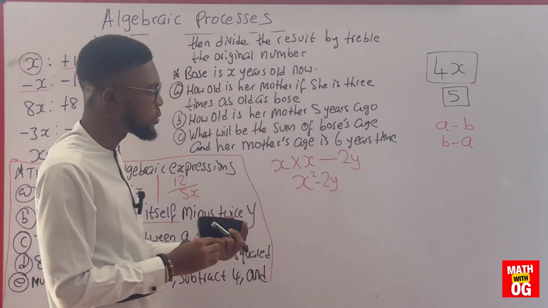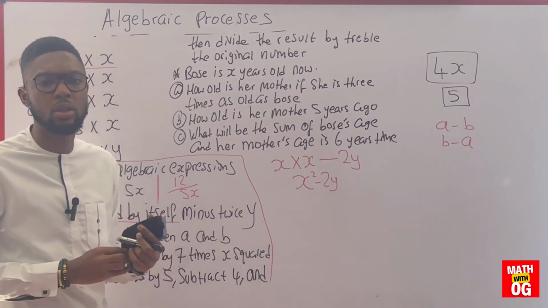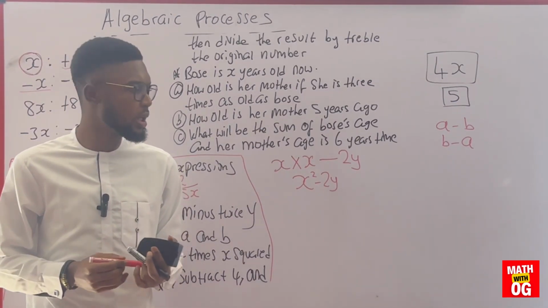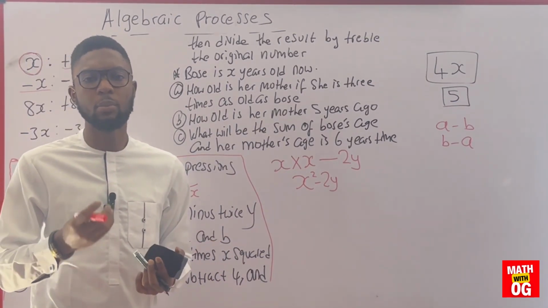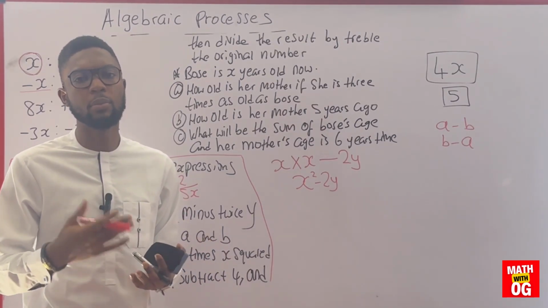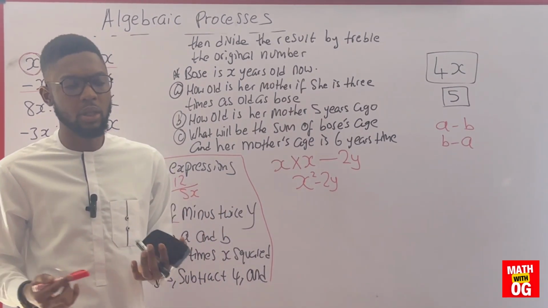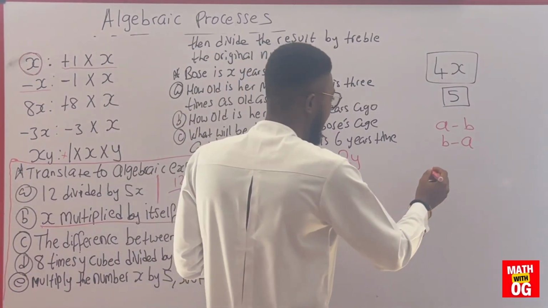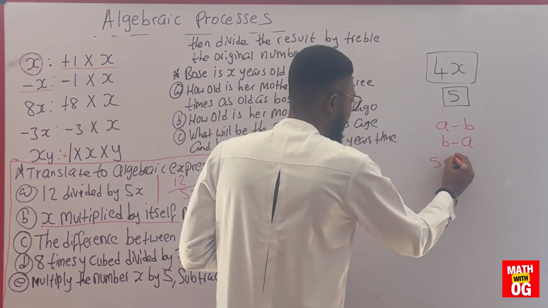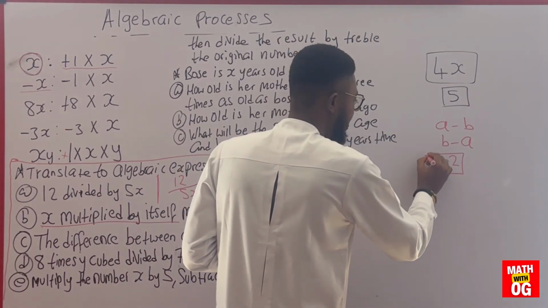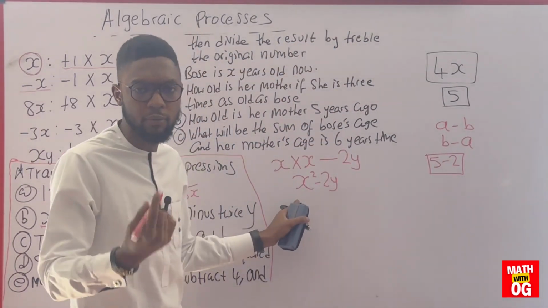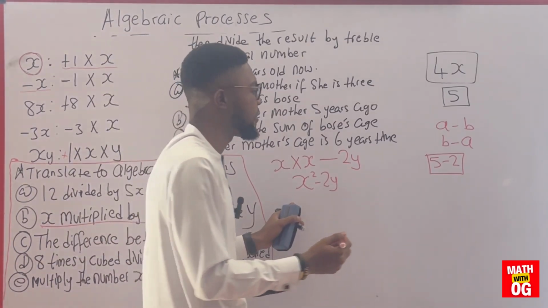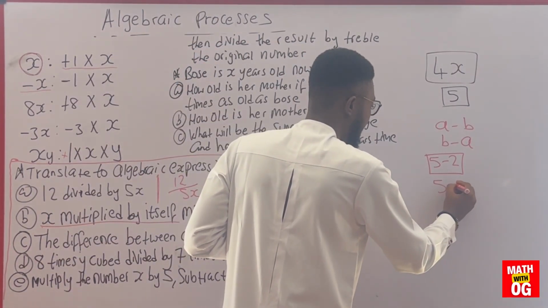However, in mathematics, when you are asked to find the difference between two numbers, two variables as the case may be, we usually use the bigger number minus the smaller number. So if I ask you what is the difference between 5 and 2, the difference between 5 and 2 is 5 minus 2. Another person will ask what is the difference between 2 and 5. The difference between 2 and 5 is still 5 minus 2.